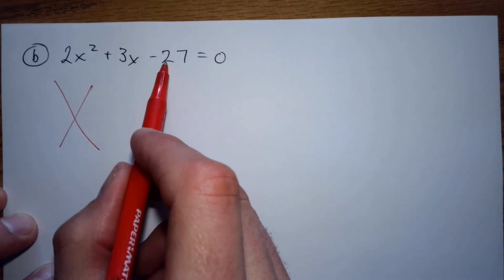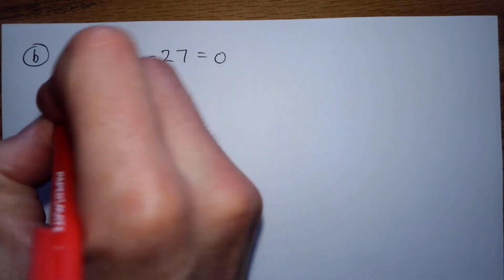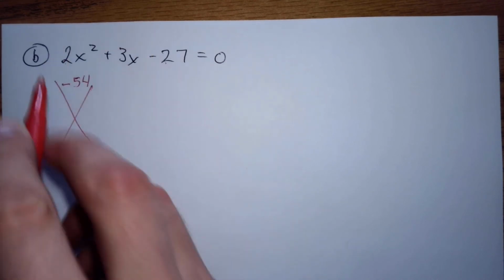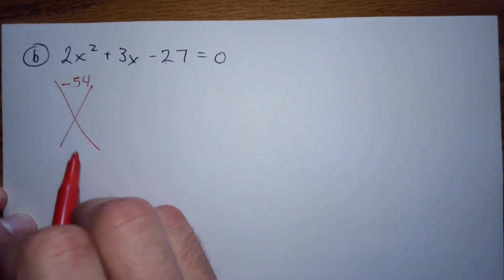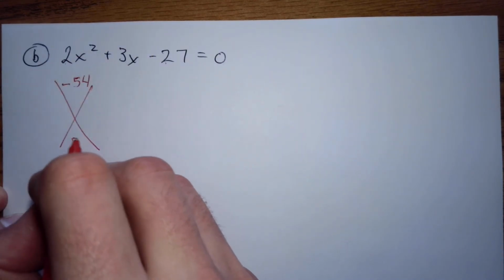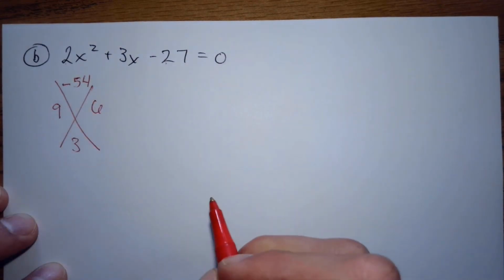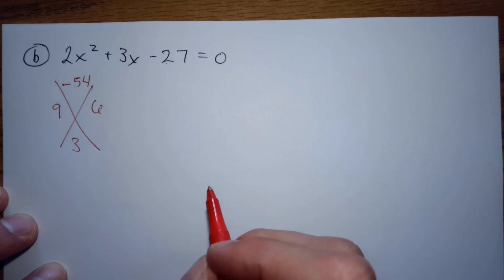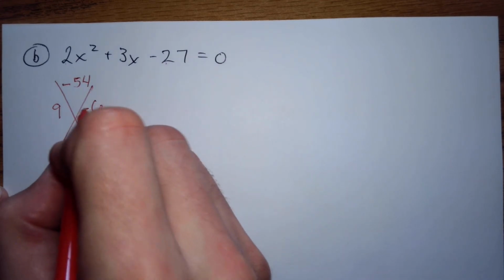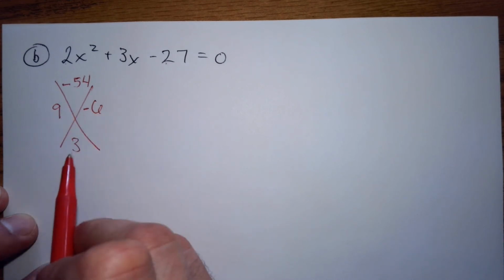What is that? Negative 54. So a times c in the top, and then 3 in the bottom. Is it 9? Yeah, 9 and 6. One of them has to be negative, and it should be the 6, because if I add these, then I'll get a positive 3.